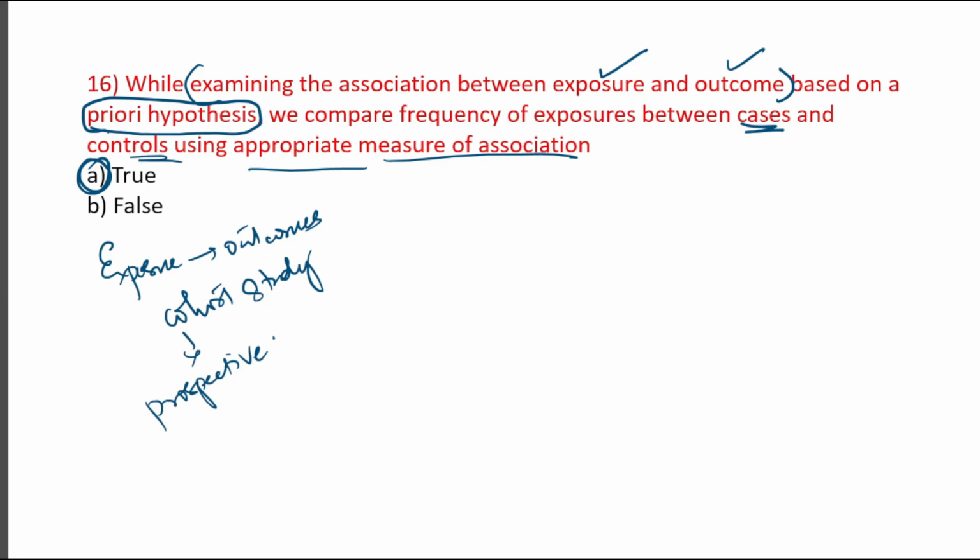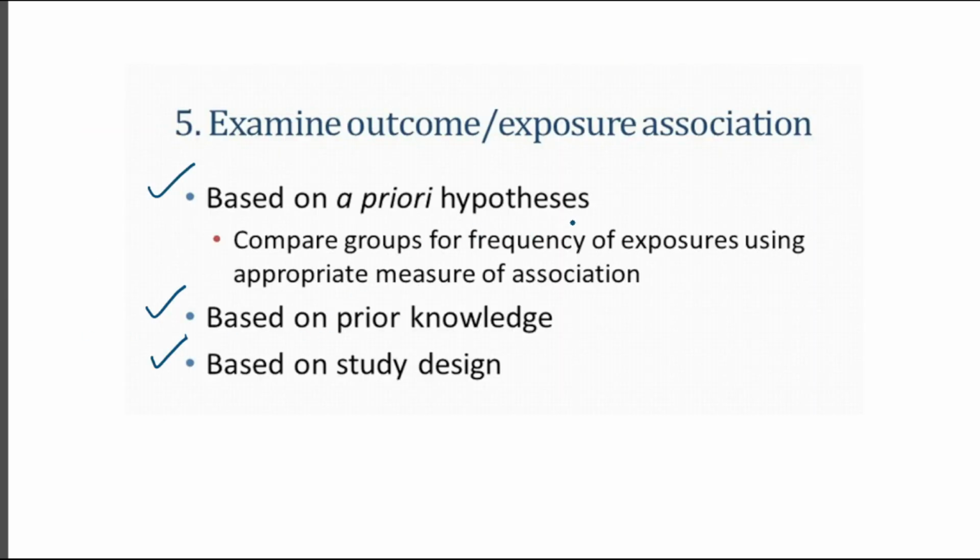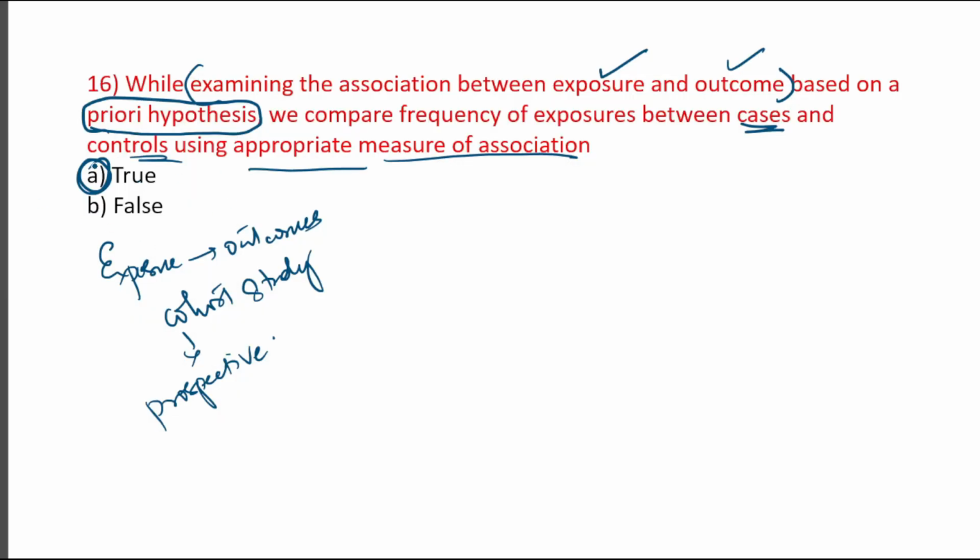Based on that, you compare the groups for frequency of exposures using appropriate measures of association. This whole thing was given in the question, so we have taken the answer as true. But this theory is what we have learned from the previous chapters.